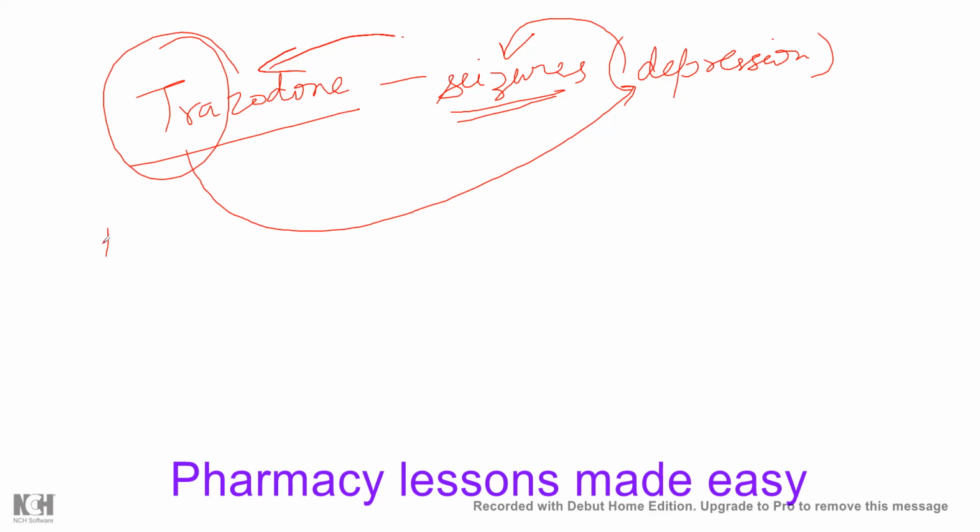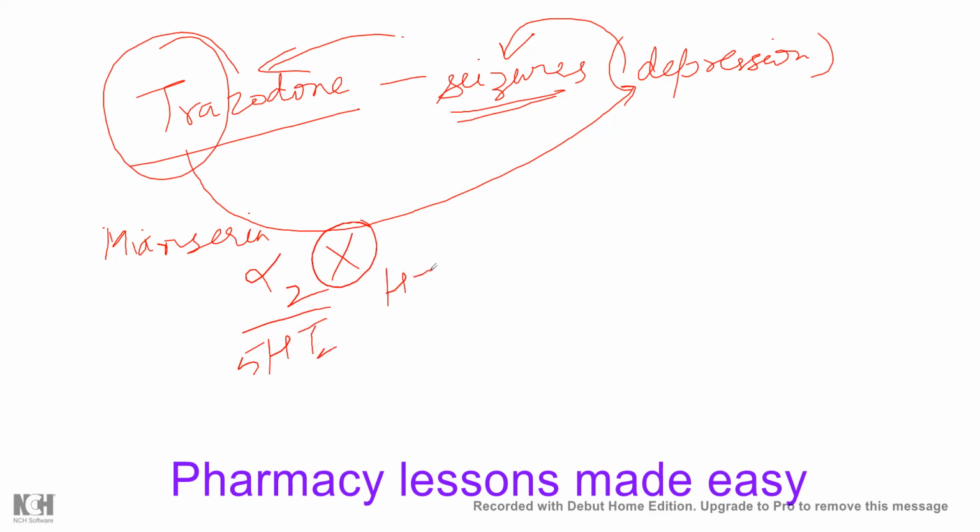The drug that we discussed is mianserin. Okay, mianserin. This drug actually blocks the presynaptic alpha 2 receptors. It also blocks 5 hydroxytryptamine, that is serotonin 2 receptor, 5 hydroxytryptamine 1C receptor, and H1 receptor.